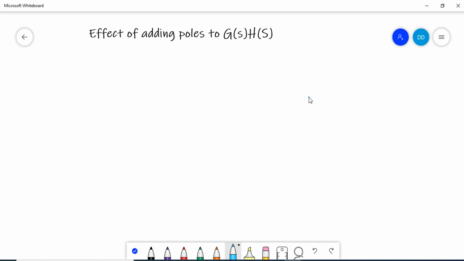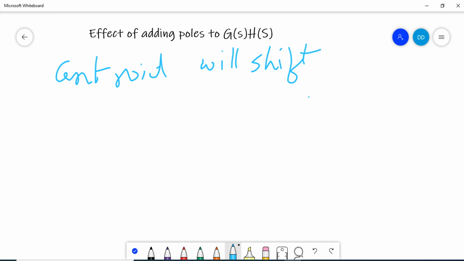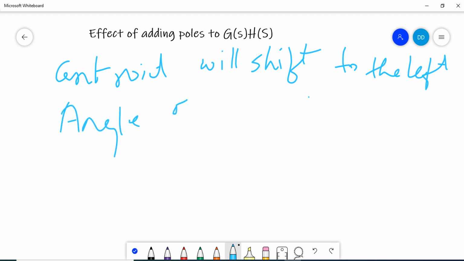So what happens if we add a pole to G(s)H(s)? First, the centroid will shift to the left. The second thing is the angle of asymptotes will reduce.